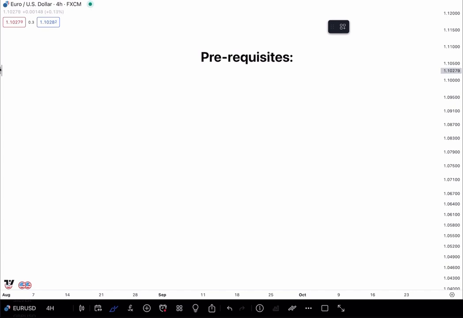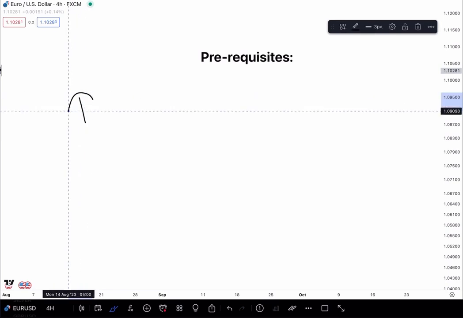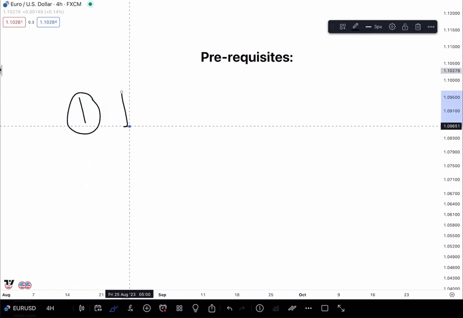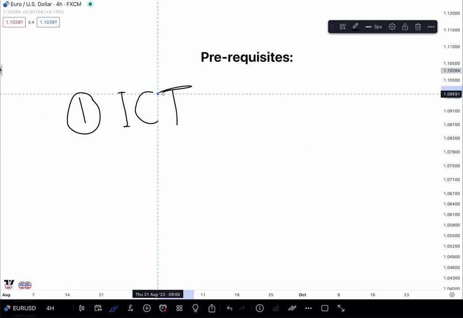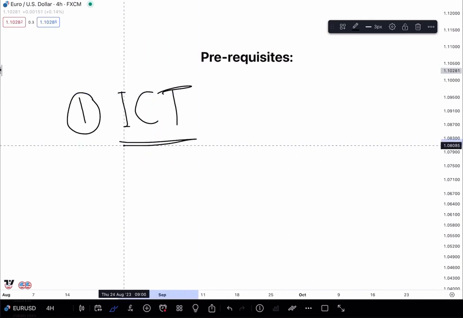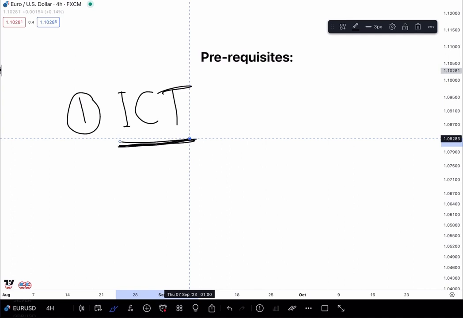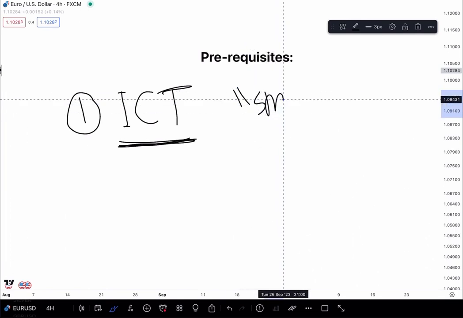In order to benefit completely from this material, you have to be at least familiar with ICT's concepts. Again, in most of the stuff, ICT has taken a lot of the knowledge which existed beforehand and summarized it into his little smart money concepts, right?